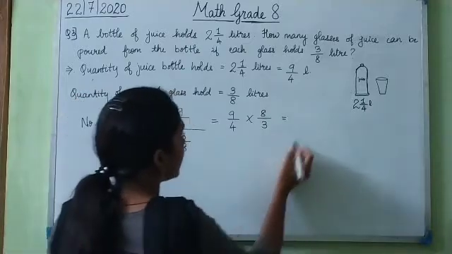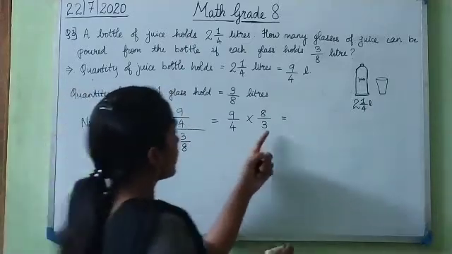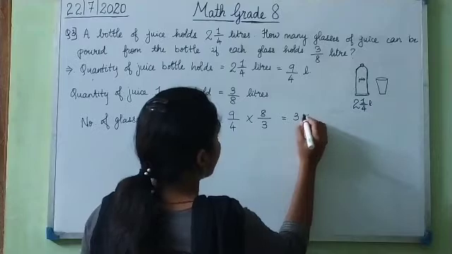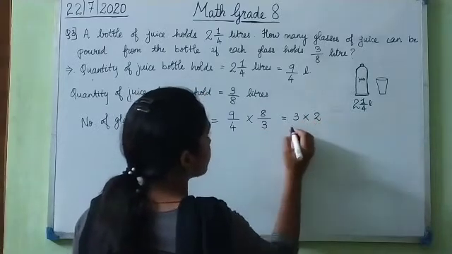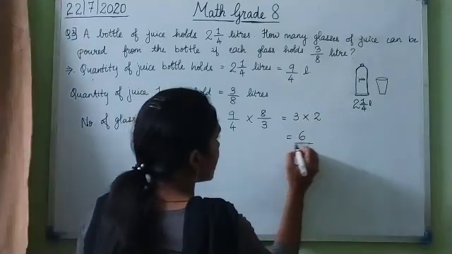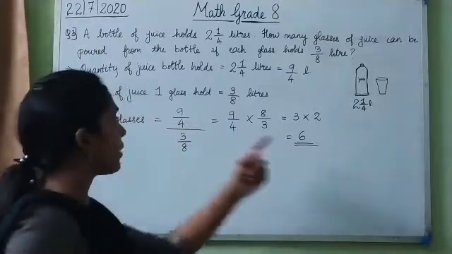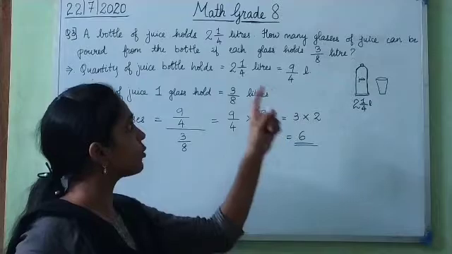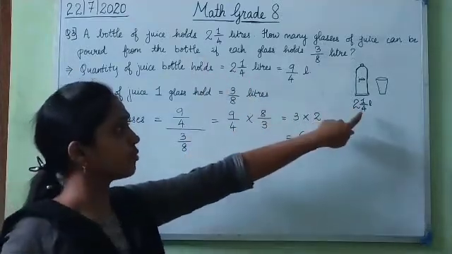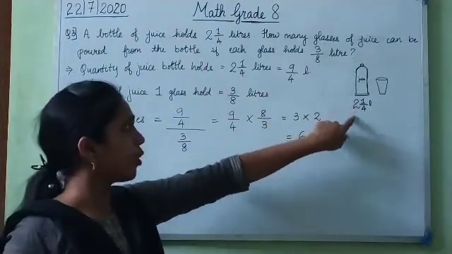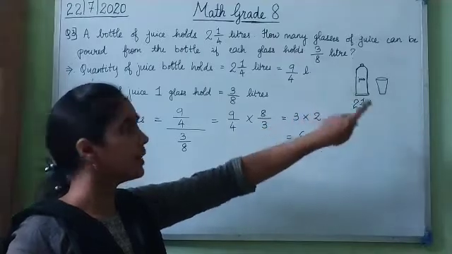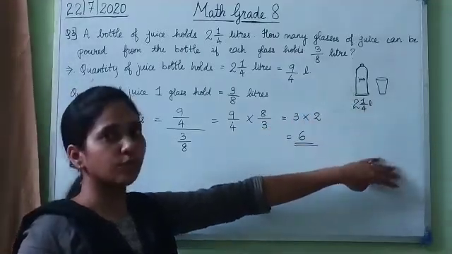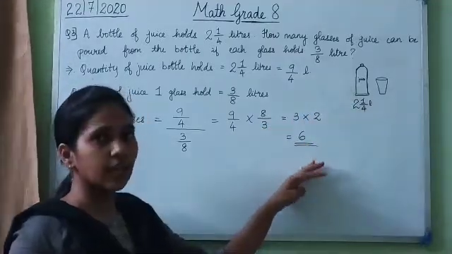So on multiplying this, what do I get? 3 3s are 9 multiplied by 4 2s are 8. So 3 into 2 is how much? 6. Okay. So how many glasses do we get? We get 6. So by the quantity of juice which is given to you in the bottle, how many glasses of juice can you fill? You can fill 6 glasses of juice.